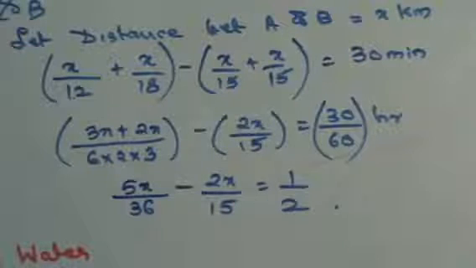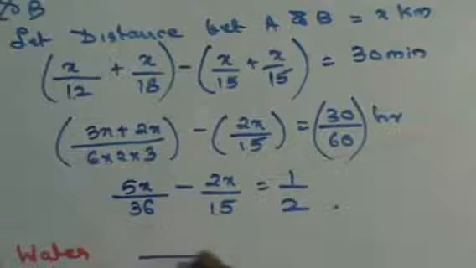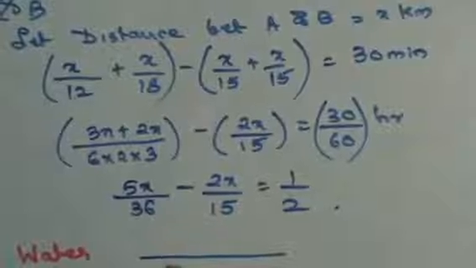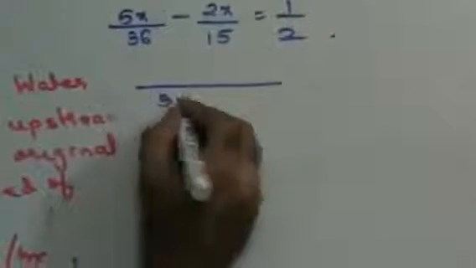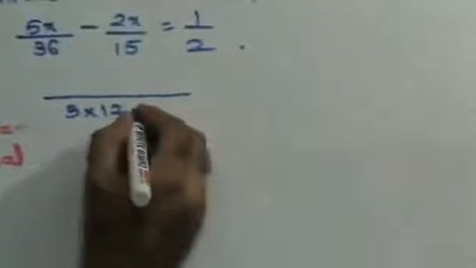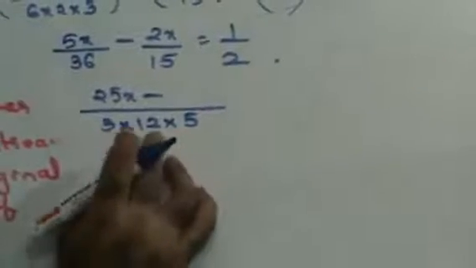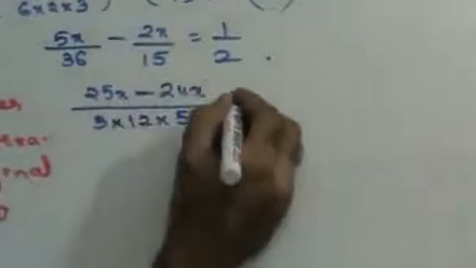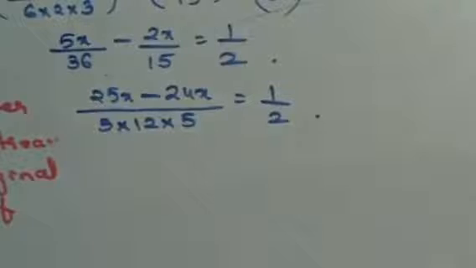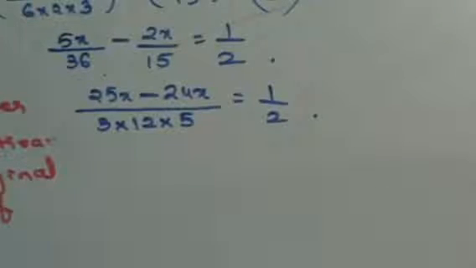Right, guys, I've done LCM. Now, here this is going to be 3 12s are 36, 3 5s are 15. Right? That means this is going to be 25x minus 24x is 1 by 2. If I do LCM here, right?